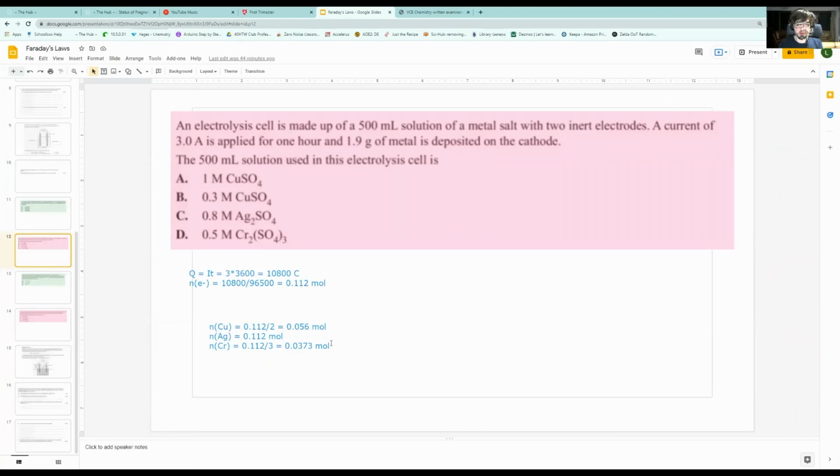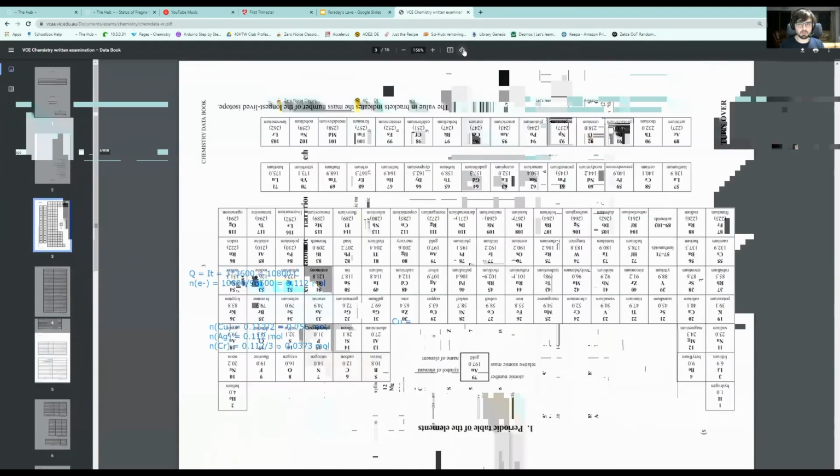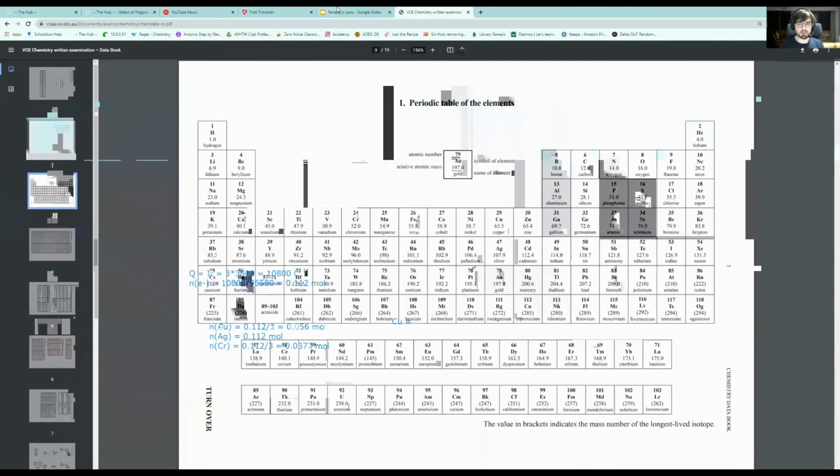All right, so now that we've got the mole here, we can find the amount of each of these. So we've got 1.9 grams, and we can compare what the amount of each of these would actually be. So for copper, let's have a look here, copper is 63.5.